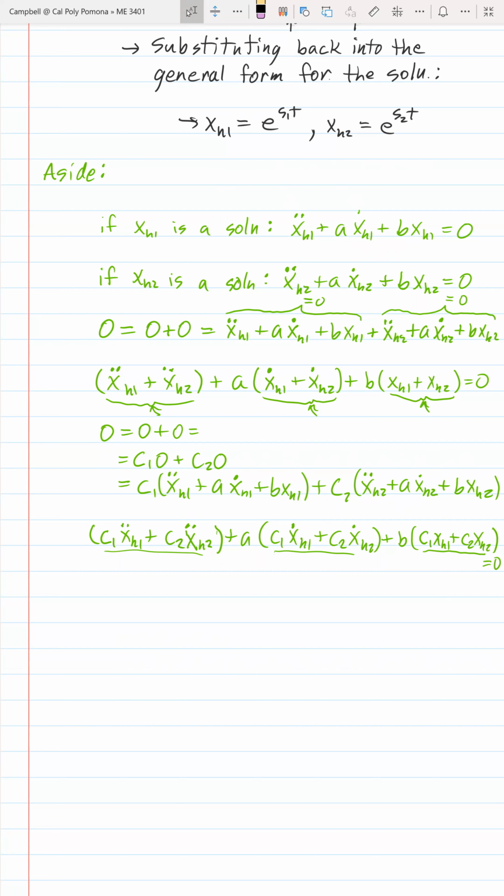But the key here is that we keep getting zeros for these different solutions because we're dealing with the homogeneous case, and that allows us to develop more general solutions for this differential equation than we would just get if we were just playing with this XH1 and this XH2 by themselves.